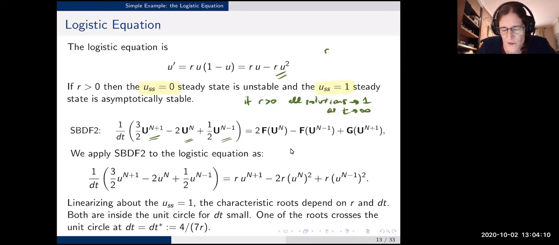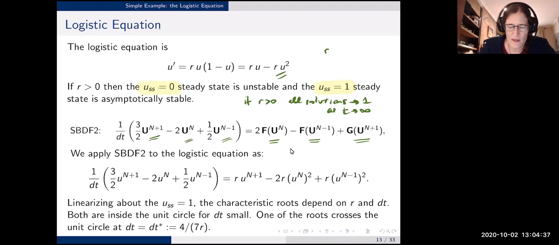I use part of the right-hand side at the current, part at the past, and part at the future solution. This is called SBDF2. It's a semi-implicit time stepper with very nice stability properties when you apply it to a single linear ODE. And I'm applying it to the logistic equation.